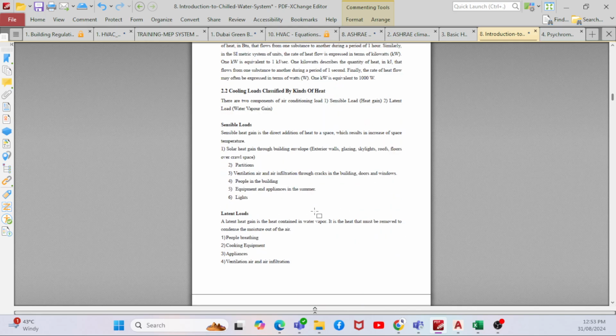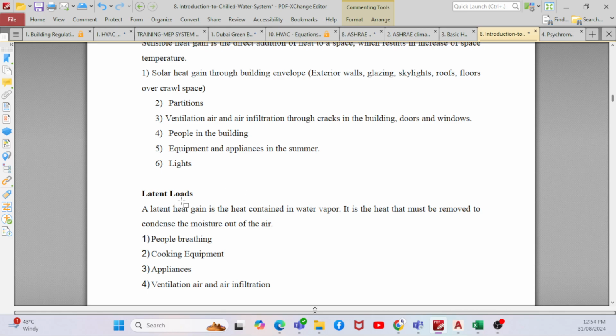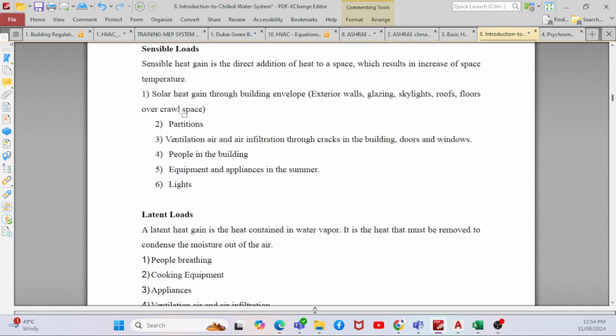And when you talk about sensible load and latent load, okay, the sensible load is called the pure dry load. So you can say that it comes through the exterior walls, glazing, skylight, roof, floor or partition, okay. And in the ventilation air, you have sensible air and dry air, okay. People in the building also have a sensible load and latent load.